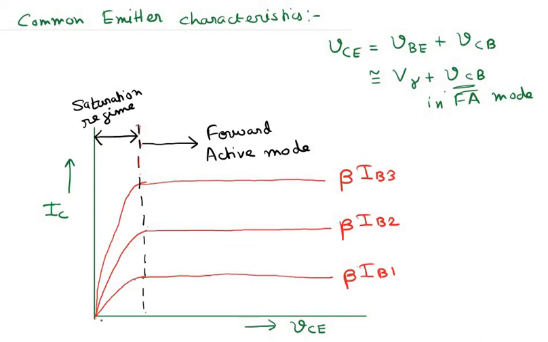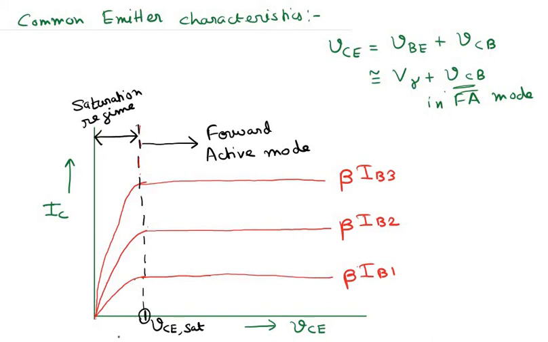Generally, the voltage beyond which the transistor enters from forward active mode to the saturation regime is denoted by VCE comma sat. Sat means saturation.